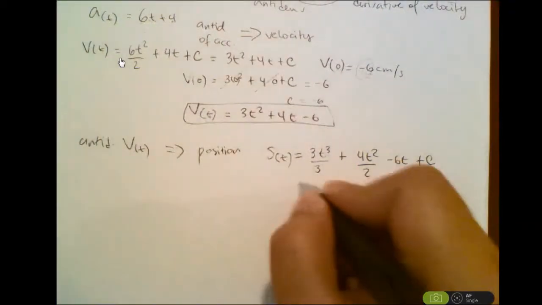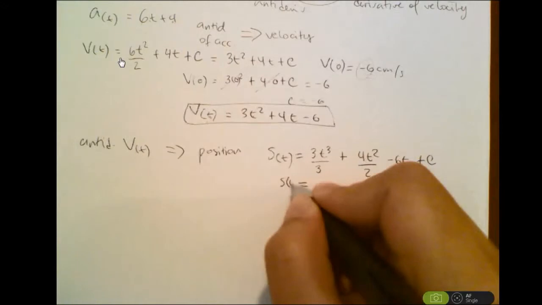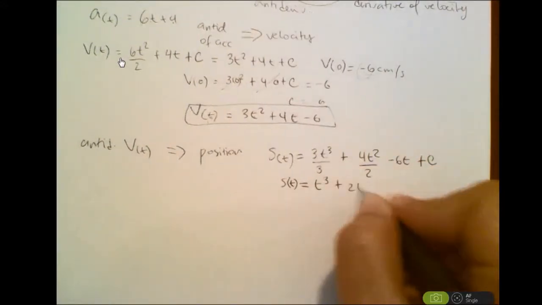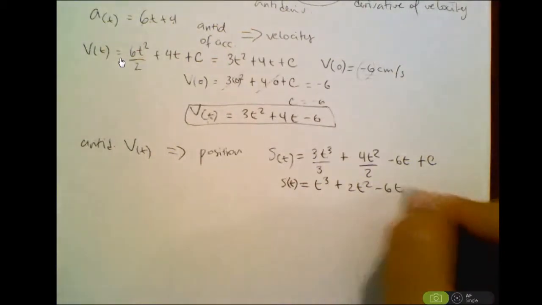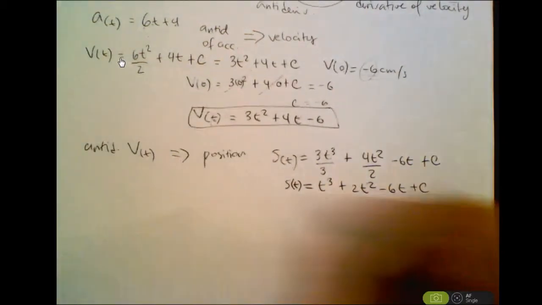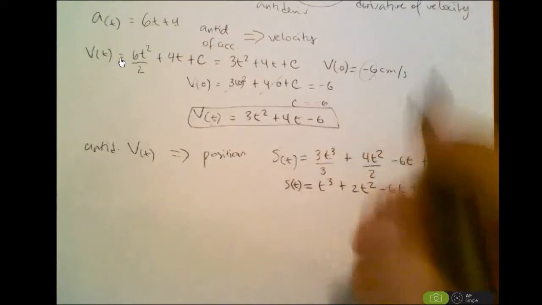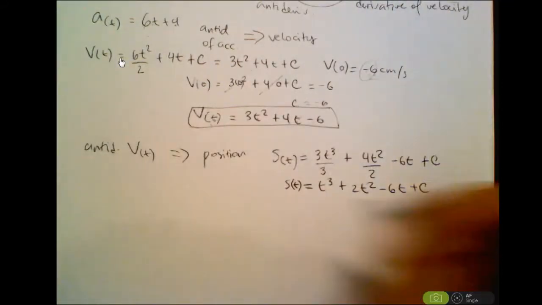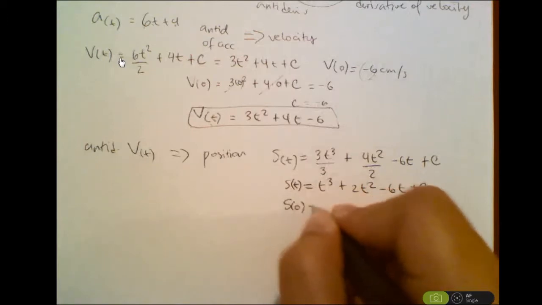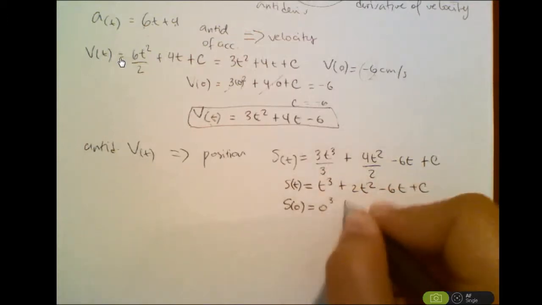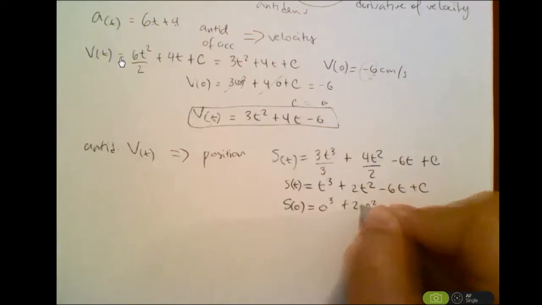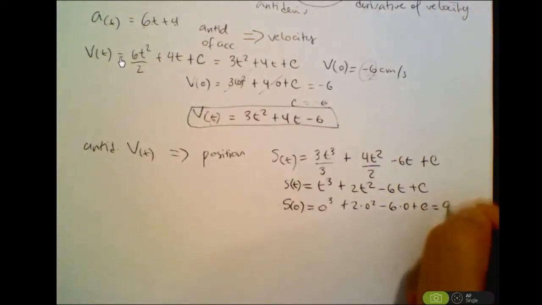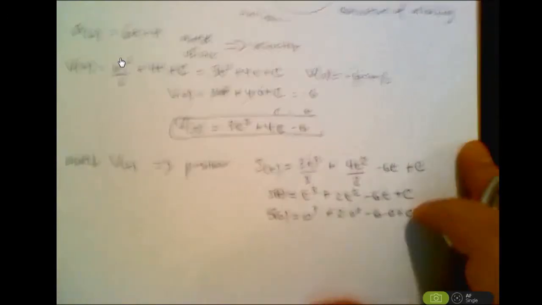Now I'm just going to simplify my coefficients here. I have t cubed plus 2t squared minus 6t plus c, and now I'm going to use the given information. It says the initial displacement is 9 centimeters, so s of 0, which is 0 cubed plus 2 times 0 squared minus 6 times 0 plus c, was 9 centimeters.